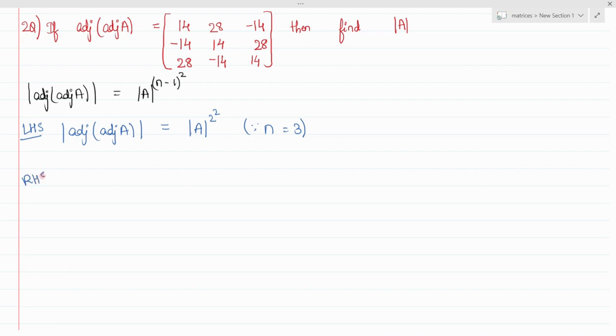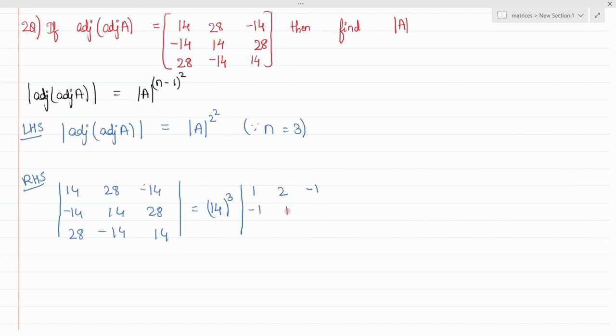Now, on the RHS side, we should keep the determinant of this, because on the LHS also we have kept the determinant. For easy calculation, just take 14 common. You will get 14 cube, because we are finding the determinant, and the remaining matrix is 1, 2, minus 1, minus 1, 1, 2, 2, minus 1, and 1.